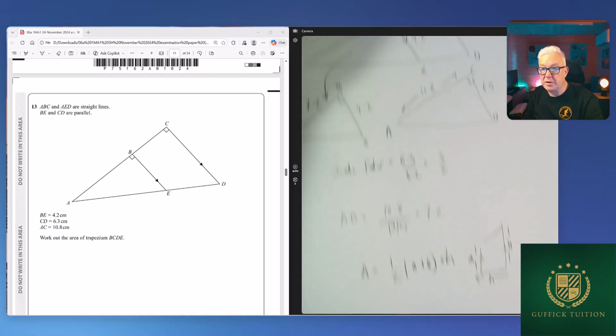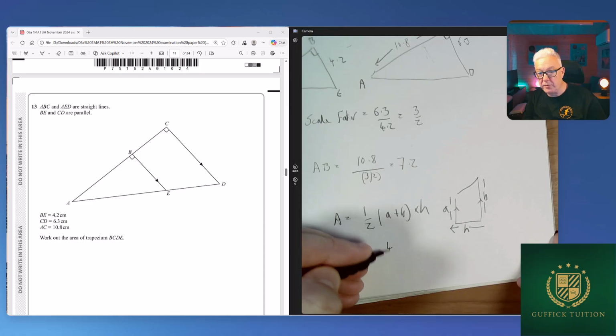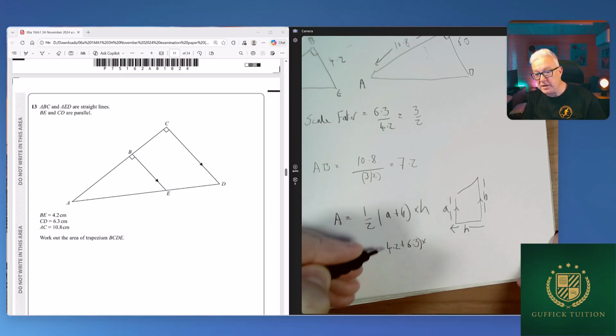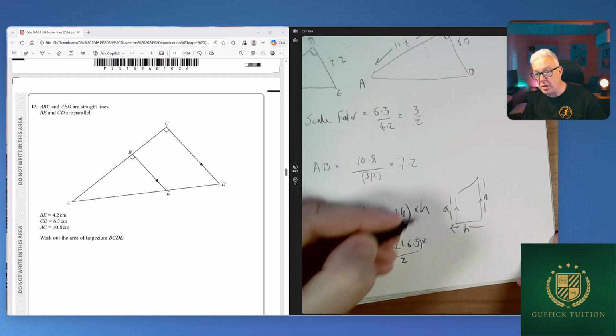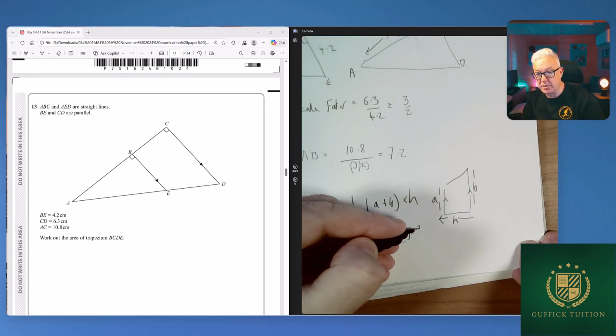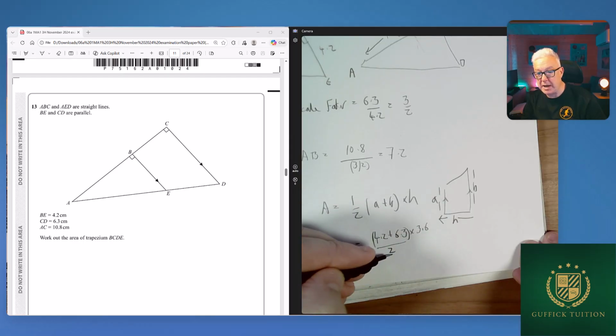So we've got 4.2 add 6.3, divided by 2, and times by H, which is our x, which we've just found is 3.6. And that 2 is down there, look.